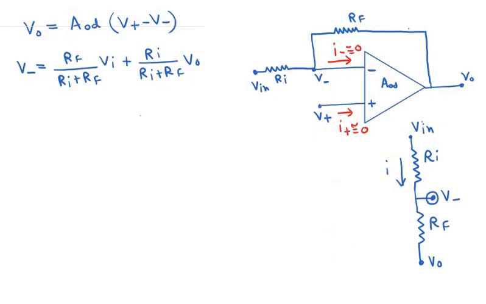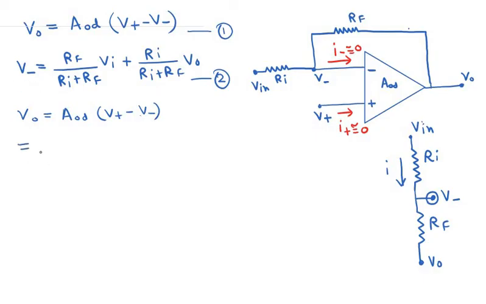Now from these two equations, let us find out the condition of virtual short and what would be the output voltage V0. So this is equation number 1 and this is equation number 2. Okay, so we use equation number 1 and write V0 equal to AOD times V plus minus V minus, and now we use the value of V minus from equation 2.